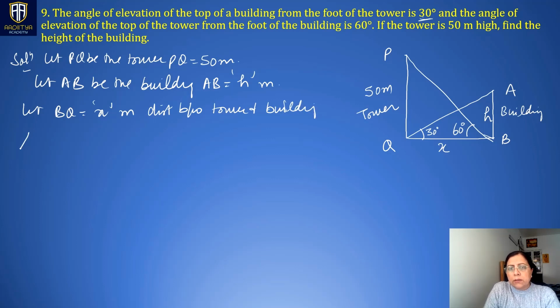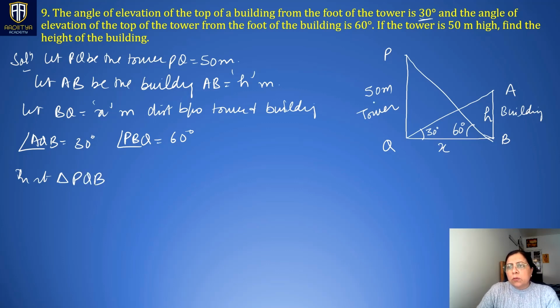Now in this case the angle of elevation of the top of the building is angle AQB, which is 30 degrees. The angle of elevation of the top of the tower from the building is PBQ, which is 60 degrees. So these are the initial introductory part. Now we are starting with the triangles. In right triangle PQB, we have the relationship between the perpendicular and base.